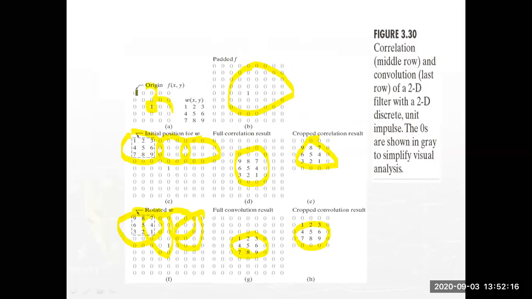For two dimensions, my original image has 1 only at the center pixel, and the remaining are all 0, and my window is like this.